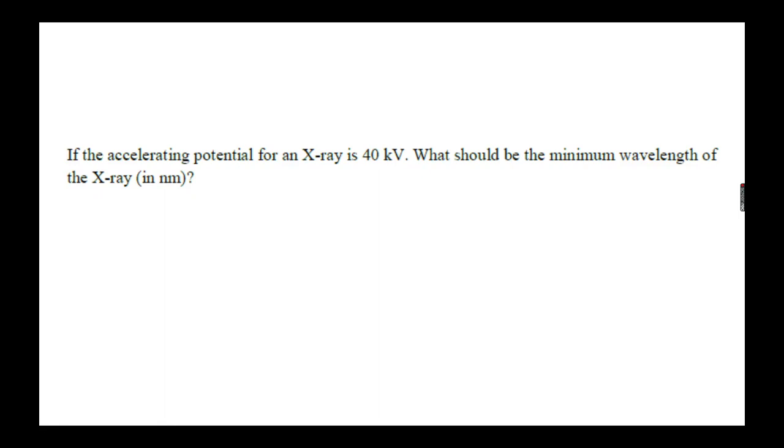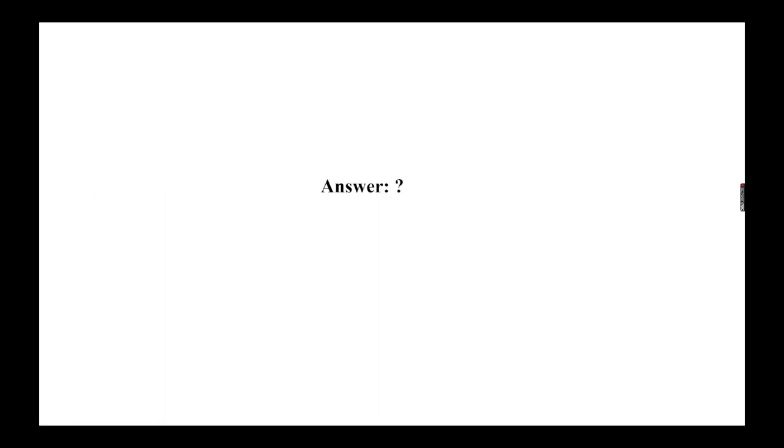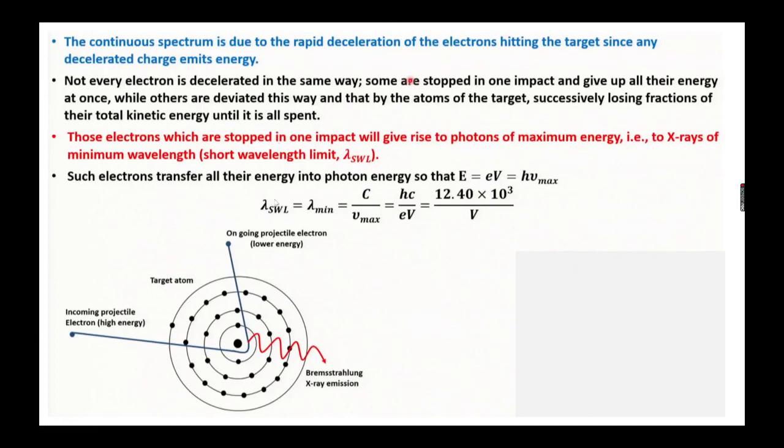Here what they have given is the voltage, and we are asked to find the X-ray wavelength in nanometers. For this relation, do we have to substitute the value of lambda in meters? No, no, that is in nanometers only. No need to change.